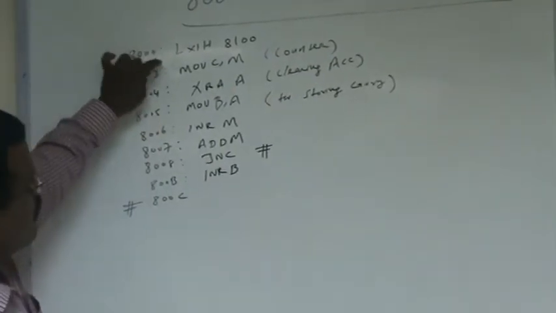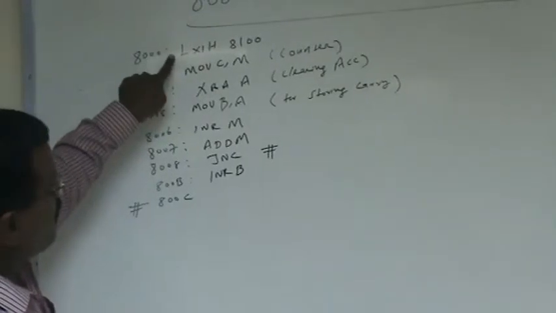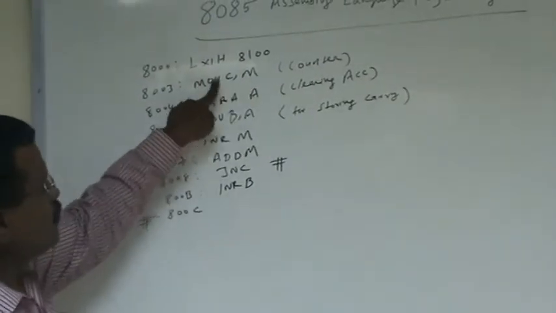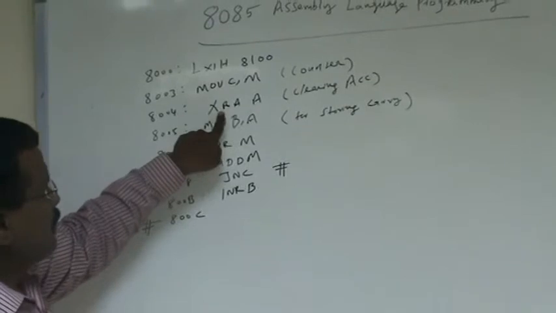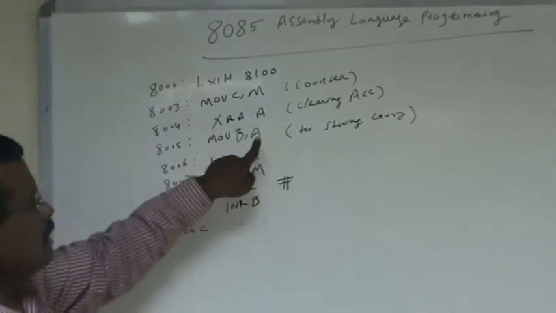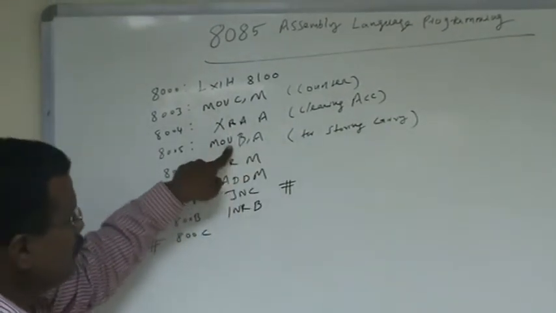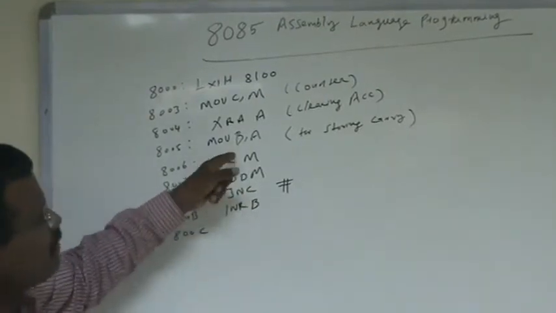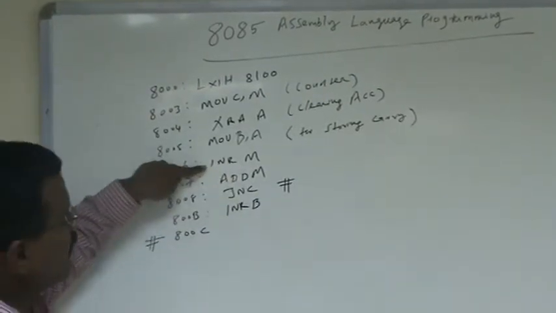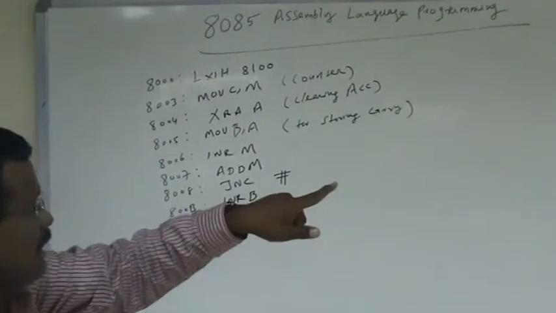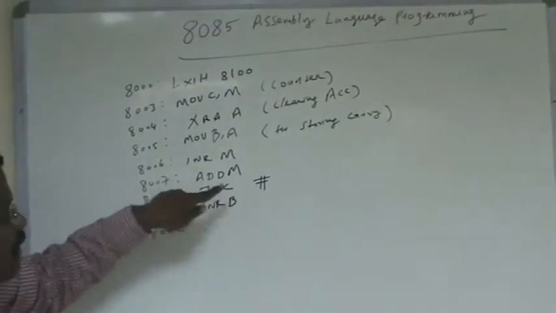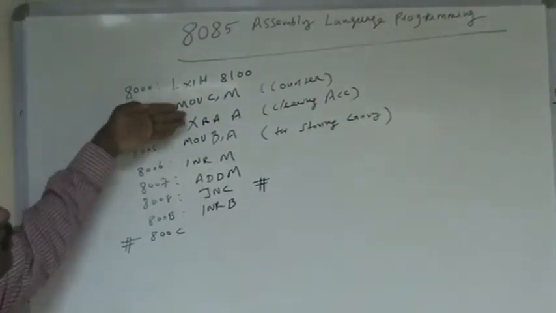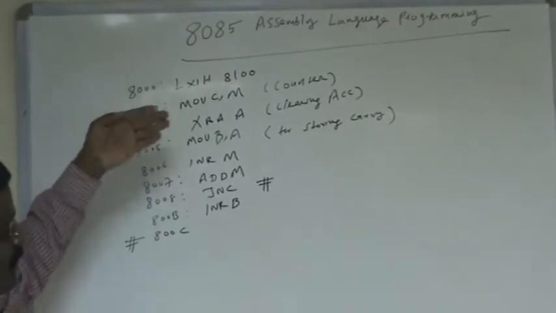So I am pointing the memory where the counter is. The counter value is moved into the C register. The accumulator is cleared, and the cleared value is moved into the B register, which means B is also cleared for storing the carry. I am incrementing the memory pointer to the first data. Now ADD M: the first data is added with the accumulator, whose previous value was 0.